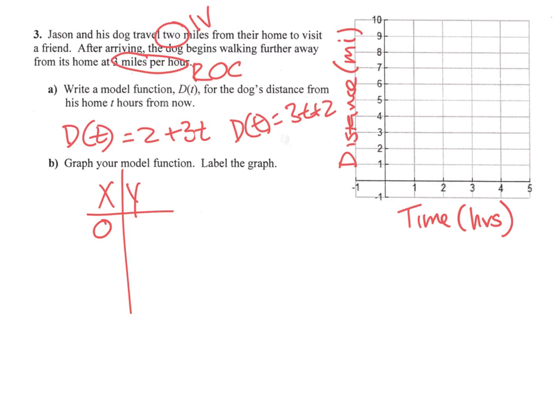At 0, we're starting off with, he's how many miles away? 2. Okay. After 1 hour, how far is the dog away? 5. After 2 hours? How many? 8. 8 miles. Okay. So go ahead and plot those points.